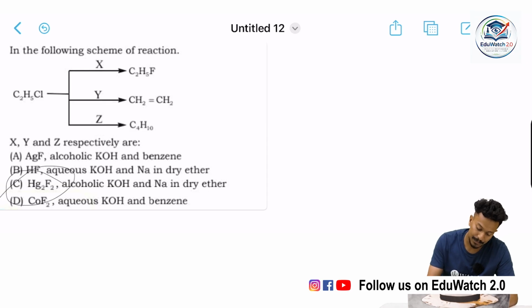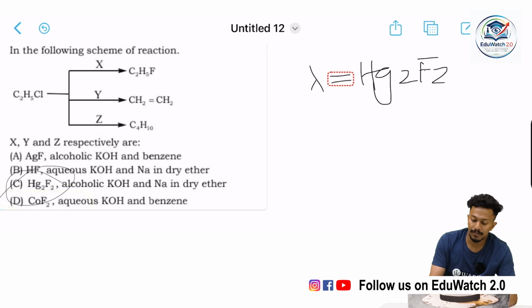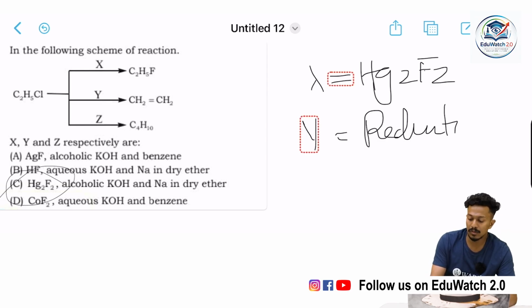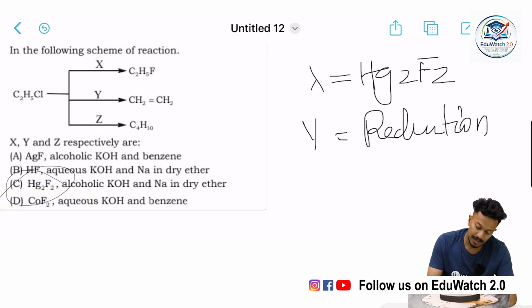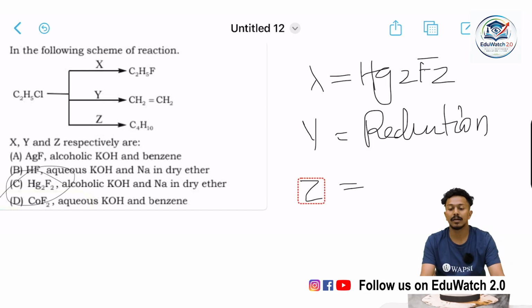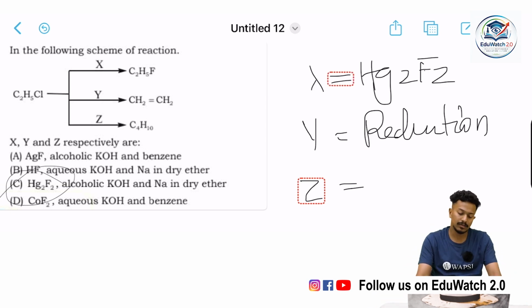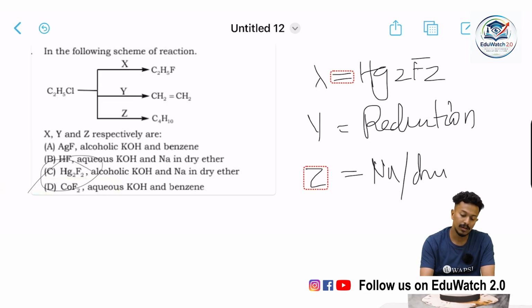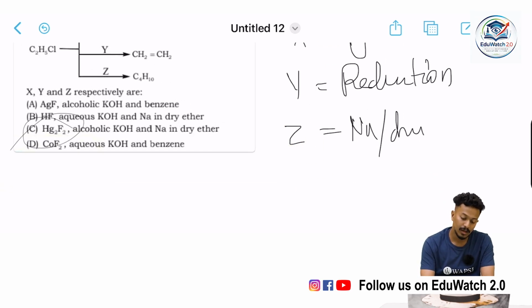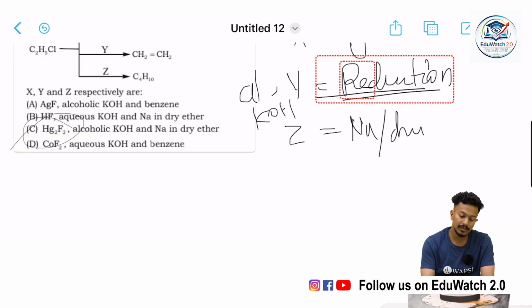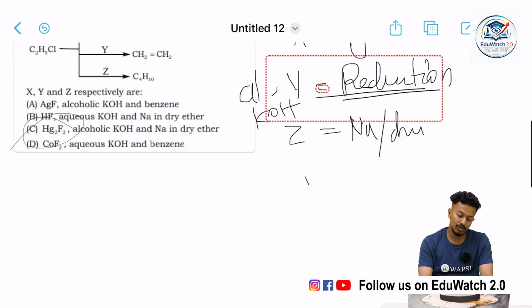So X is Hg2F2, Y is alcoholic KOH, and Z is nothing but sodium in dry ether, the simple Wurtz reaction.